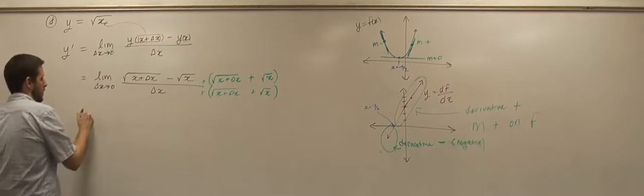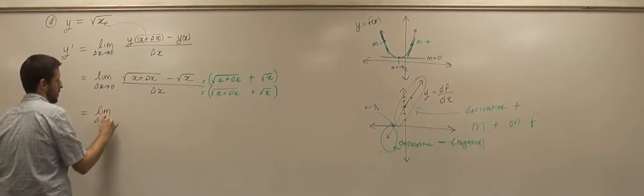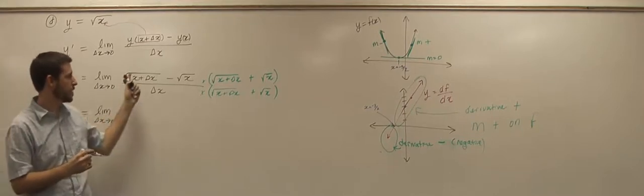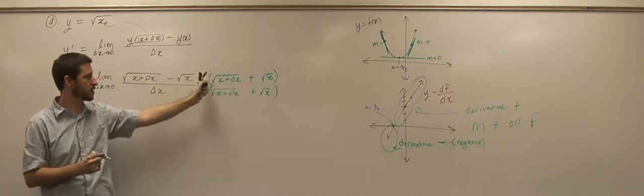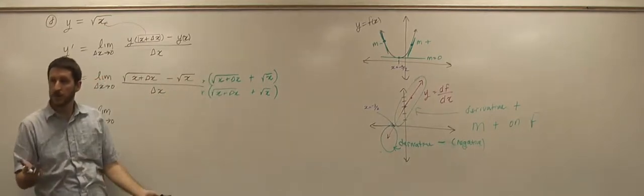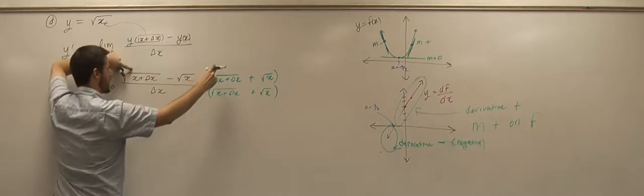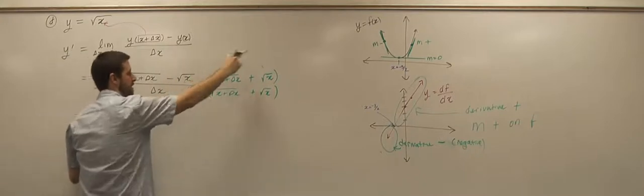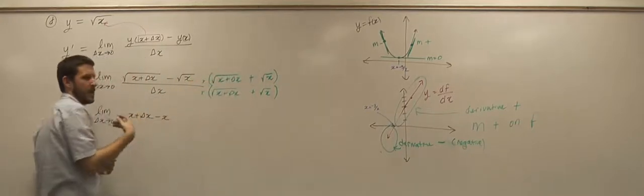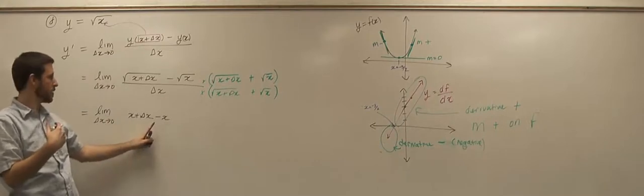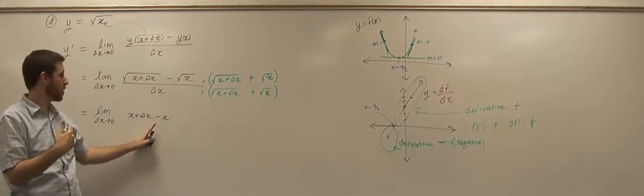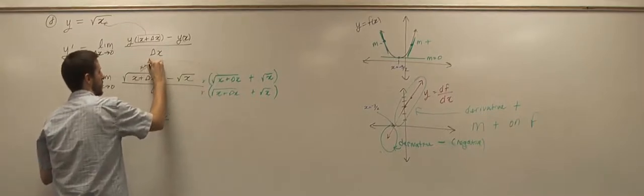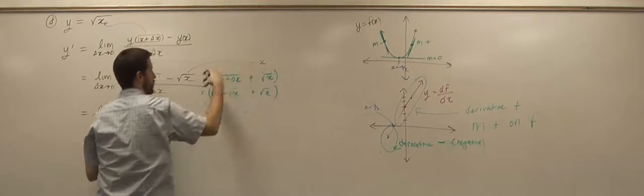So on top, maybe we can do this without a lot of headache. What happens when you multiply these binomials? When you do root x plus delta x times root x plus delta x, that gives you x plus delta x. And when you do root x times root x, that gives you minus x, because the root goes away.